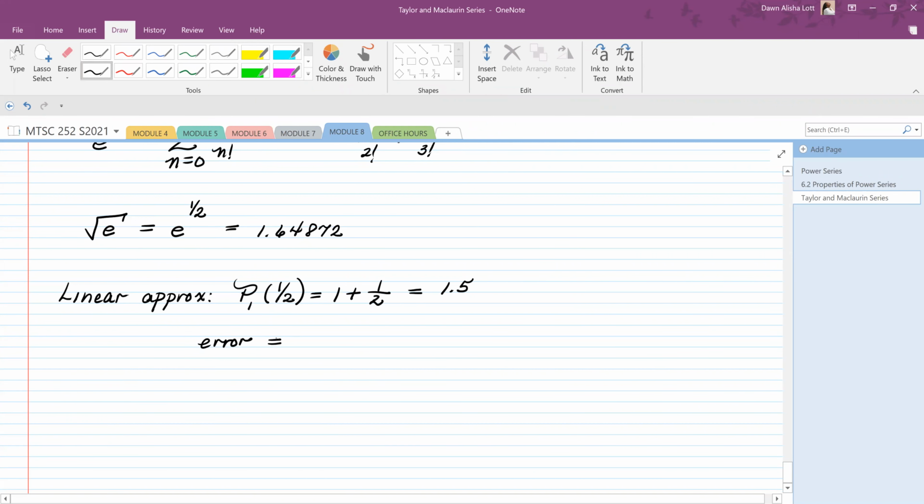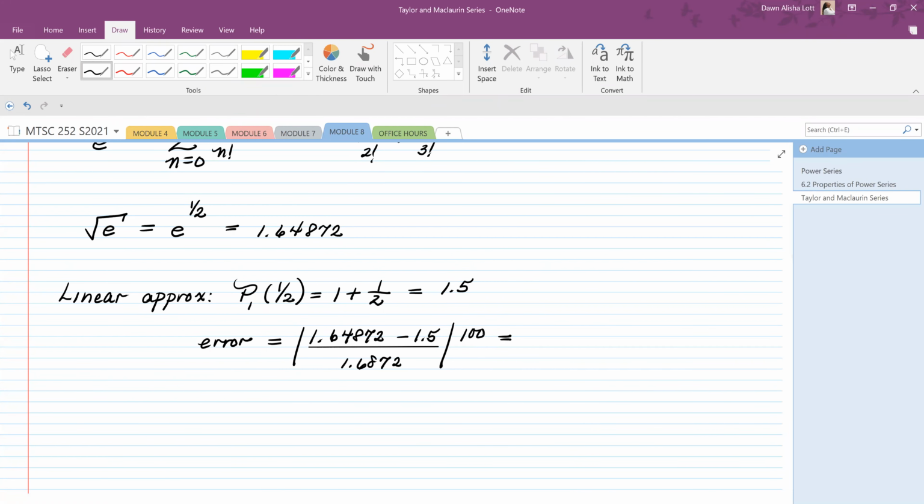What's the error? Well, the error is going to be to take 1.64872, subtract 1.5, and then divide by the true answer, 1.64872, and then multiply that by 100. And so let's see how far off we are. Take that number, subtract 1.5 equals, that is not right.